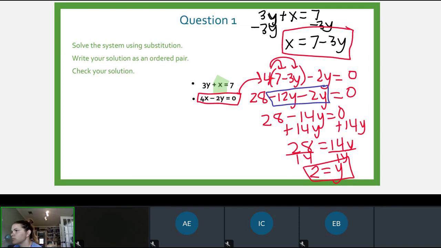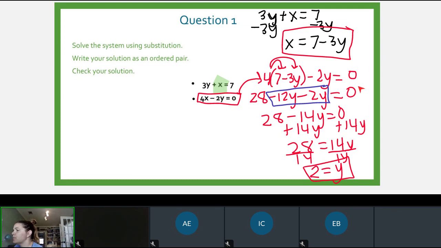So I get 4 instead of x, right? I'm just rewriting this equation, but instead of x, I'm going to put 7 minus 3y. I have to put it in parentheses because this is 4 times x. Since I have two numbers here, I'm going to put it in parentheses. So 4 parentheses, 7 minus 3y.